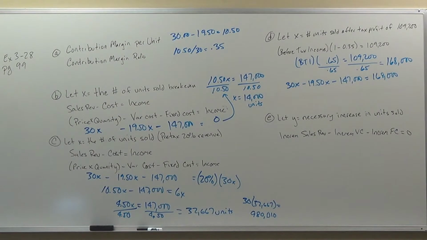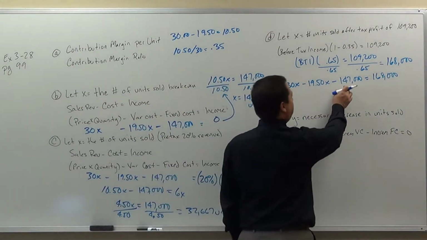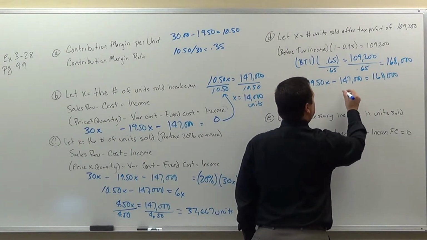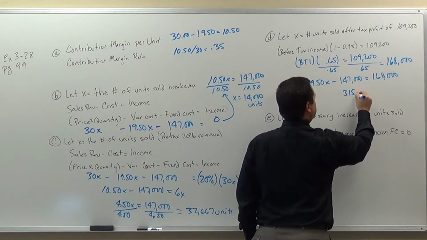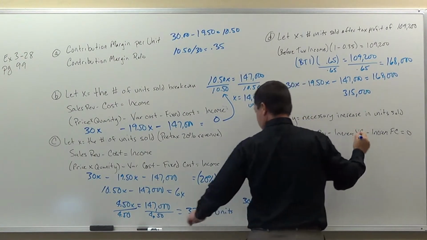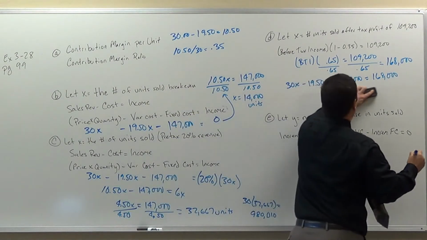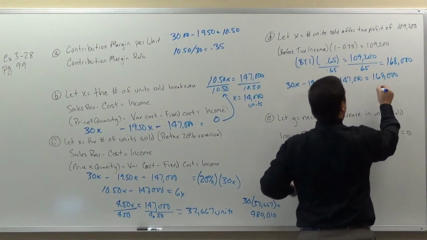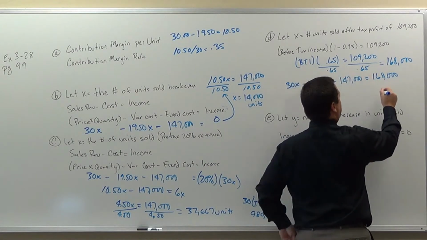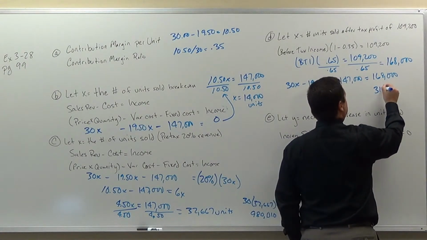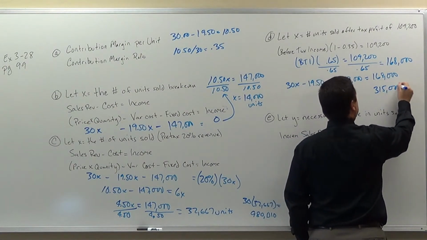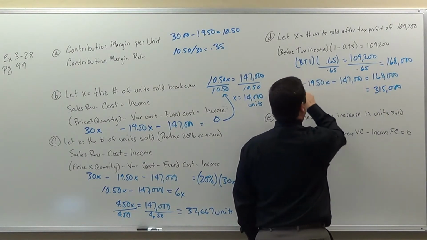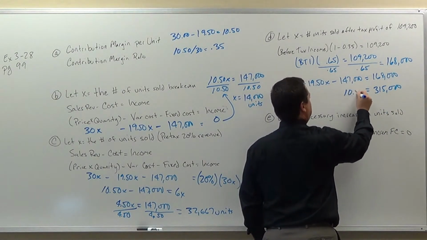So now I'm going to add the 147 to both sides here, which will give me 315,000, looks like. Actually, I'm going to move this over to the side here, make it a little easier to see. So I've added 147, so I've eliminated that 147, and then I've added to this side also. And now that equals our contribution margin, basically.